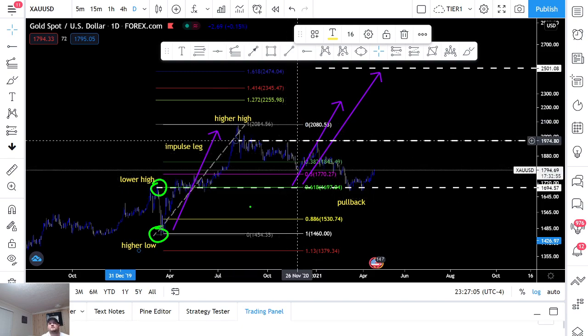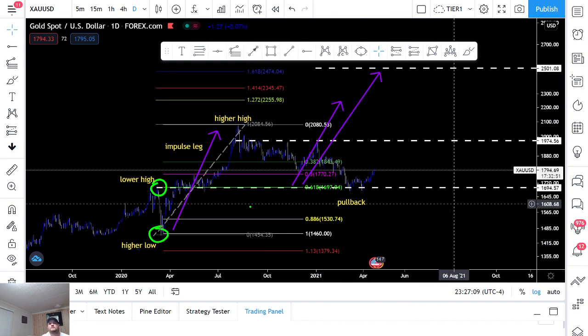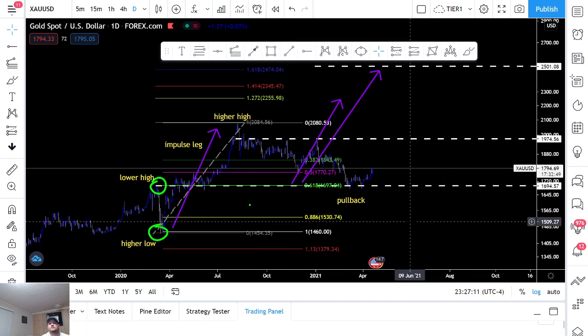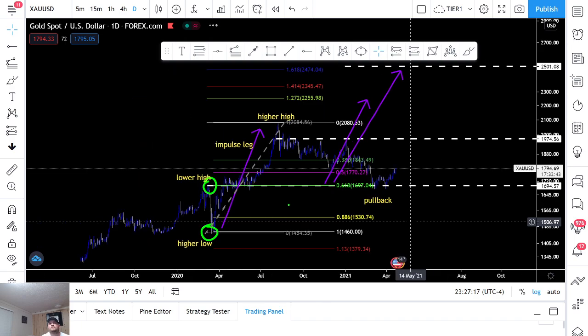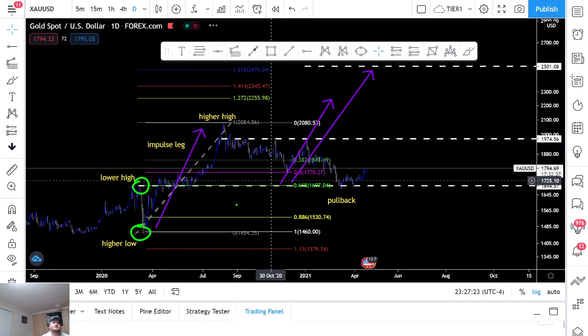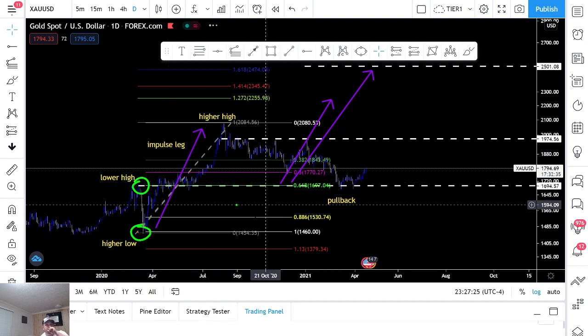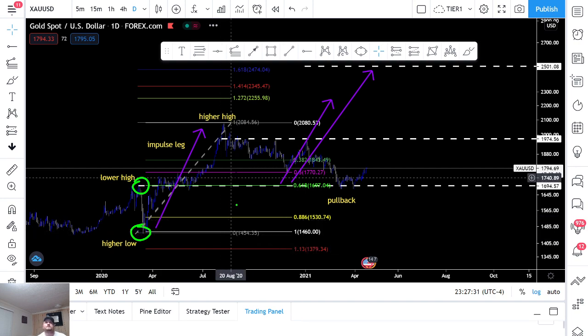Take profit 1, 2, 3. Follow me? But it all starts with the impulse leg. You gotta find an impulse leg. That's where it starts for me.